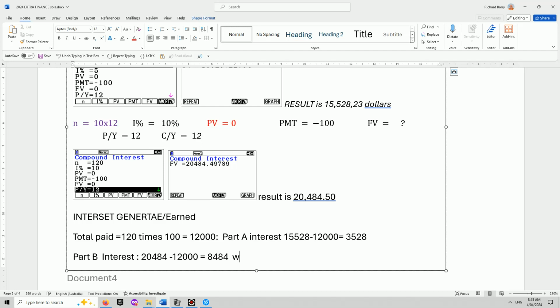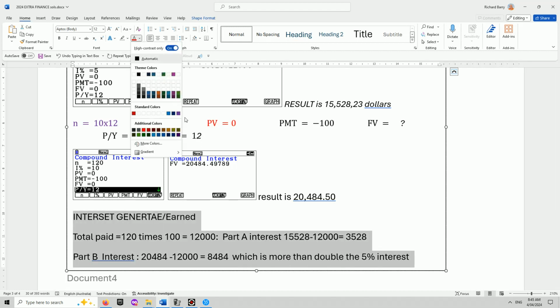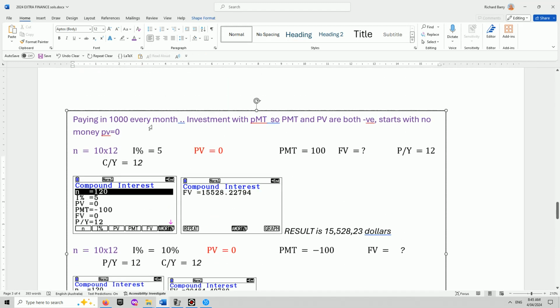Okay, which is more than double the 5% interest. So this part here really should have been in that question as a follow-up. Okay, but there you go.